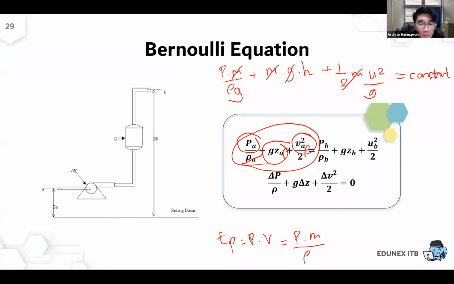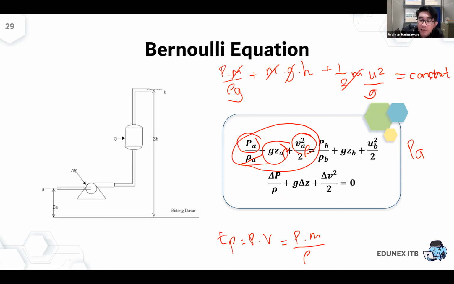If you are using the standard unit, it will be Pascal. Whether it's pressure energy, kinetic energy, or potential energy, it's still energy, but the unit becomes Pascal.